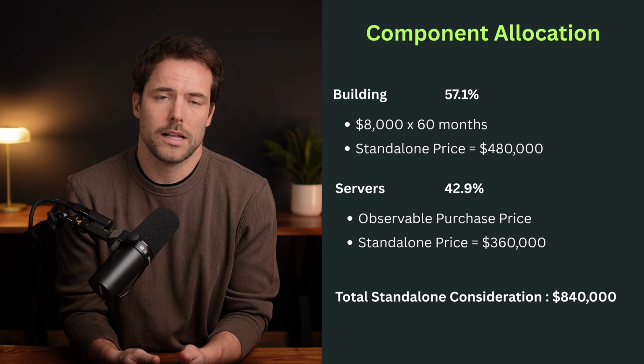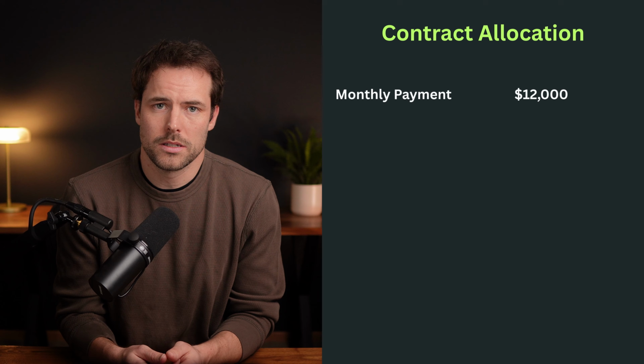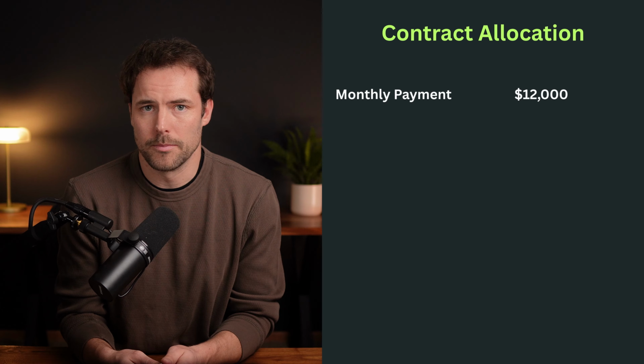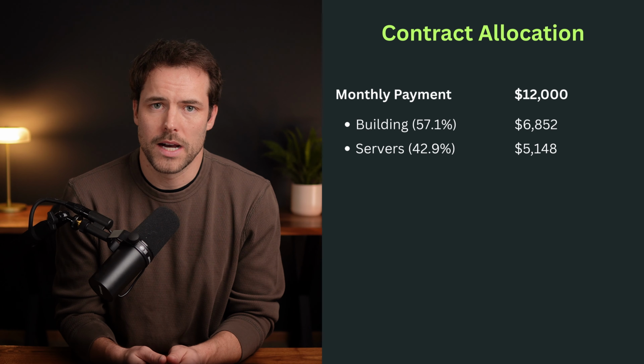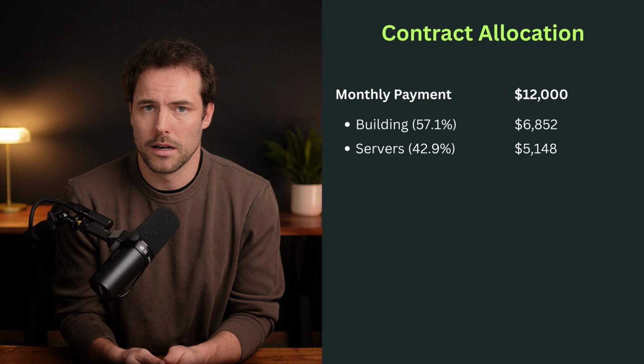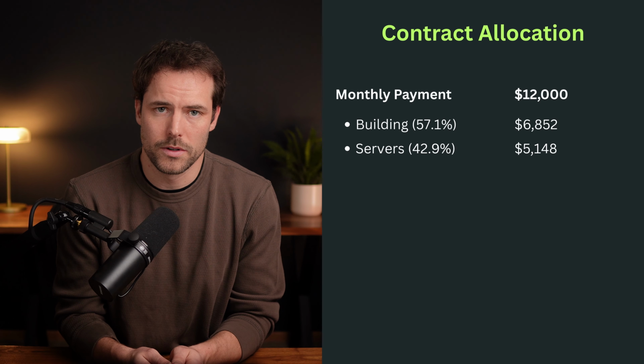And that's how we'll allocate the consideration in the contract. So our $12,000 monthly payment will be split, with $6,852 allocated to the building and the remaining $5,148 allocated to the servers.